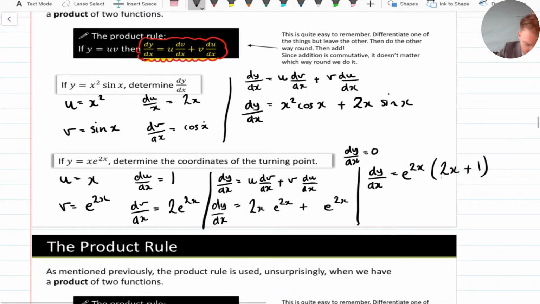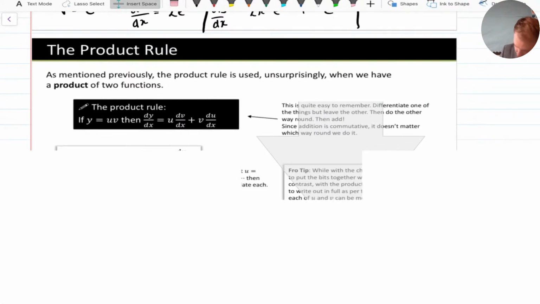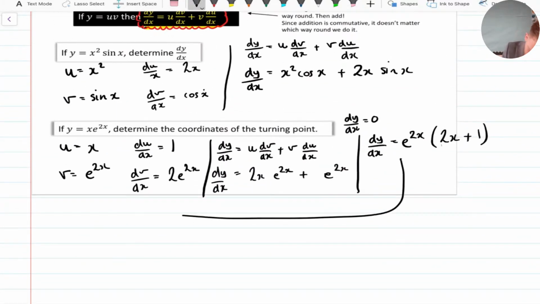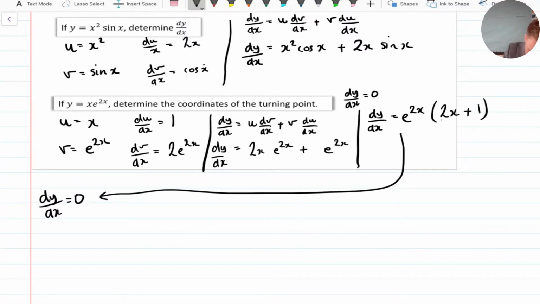Now remember, if I want the stationary point of this, then I know that dy by dx is equal to 0. So I'm going to say that 0 is equal to e to the 2x times (2x plus 1). Anything equal to 0, either the first thing is going to be equal to 0 or the second thing is going to be equal to 0.